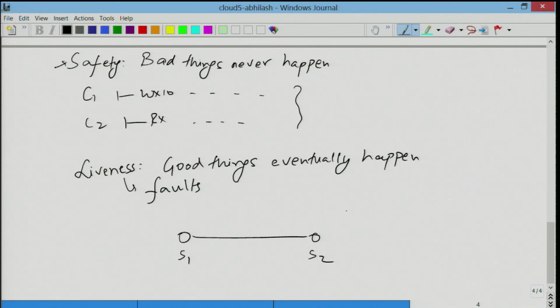And let us say these are doing some bank-like transactions. So if balance is greater than 10,000, then let me take out 10,000, right? One client is trying to do this request, and another client is also trying to do a similar request.